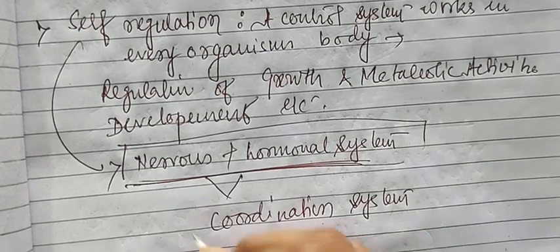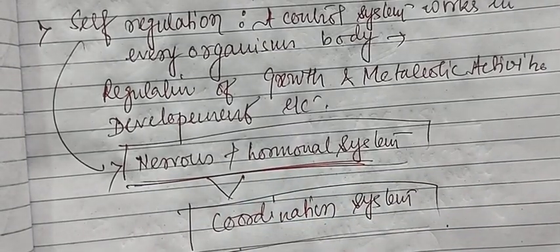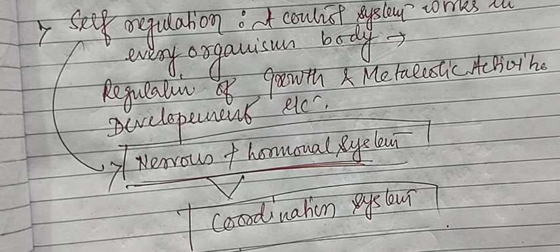This is also called the coordination system, because through the nervous system and the endocrine or hormone system, our whole body works coordinated together. This is the main activity of the living organism, and it is absent in non-living substances. You can't see a hormone system in any kind of abiotic substance. This is only present in biotic substance or the living organism.